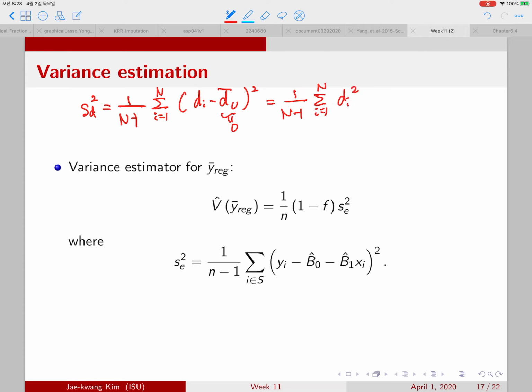The problem is, if we observe the d_i's, then we can use a sample S_D square to estimate it, right? The problem is that we don't observe d_i in the sample, because this is unknown.